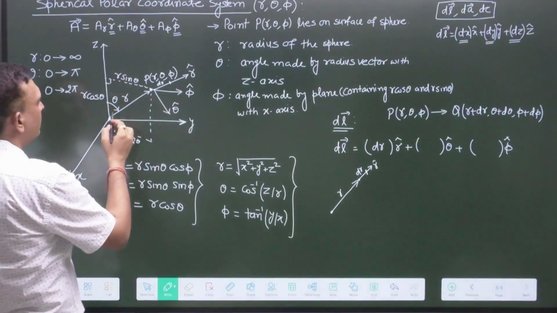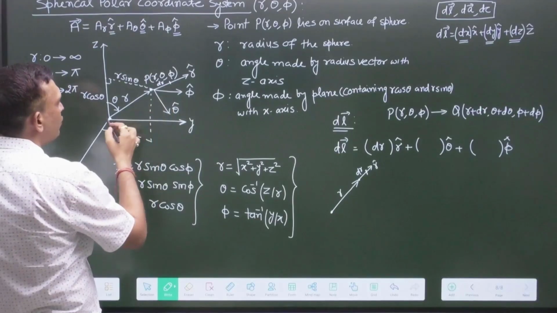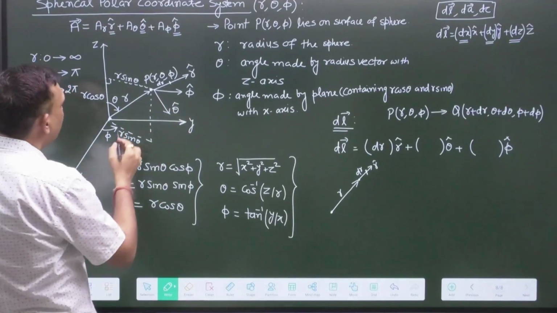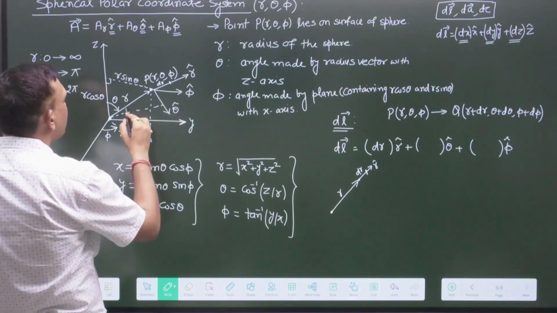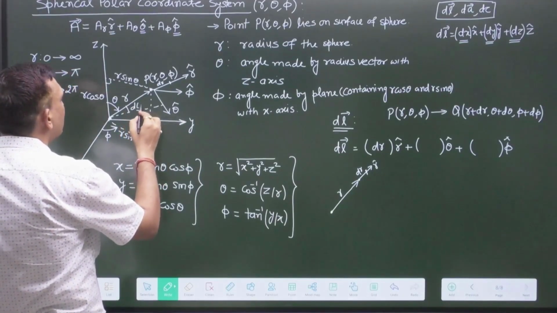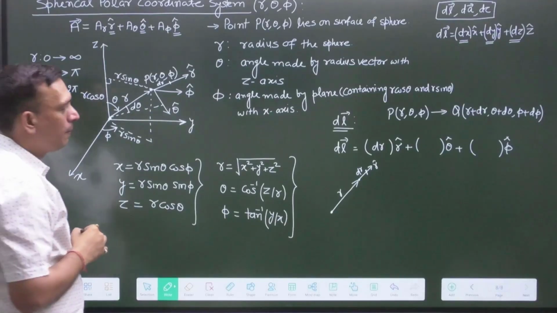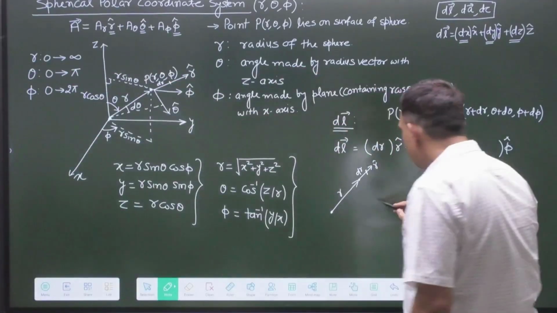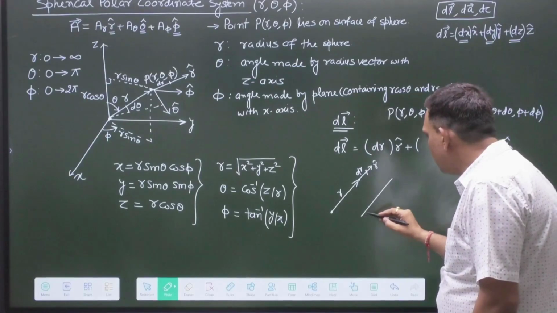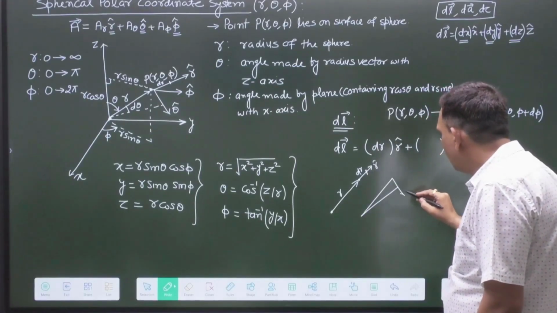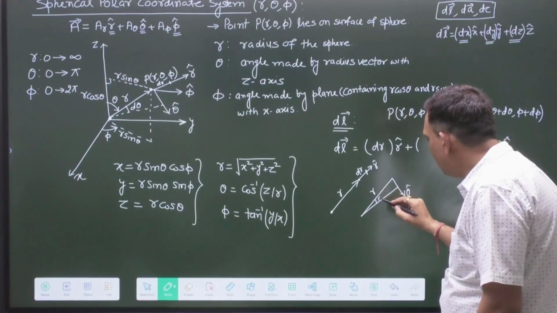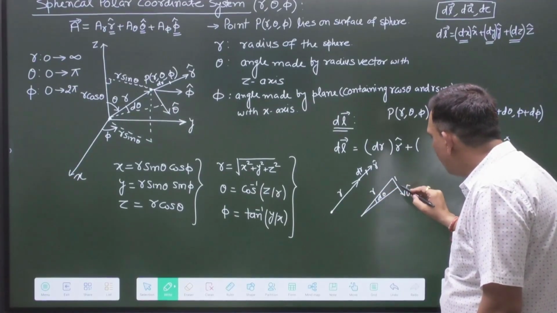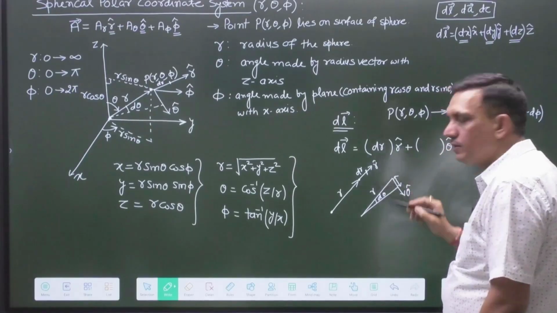Now see here, if theta changes to d theta, so what will be change in theta cap? I am redrawing this. This is theta cap, this is r, and this is d theta. Angle is equal to arc by radius.